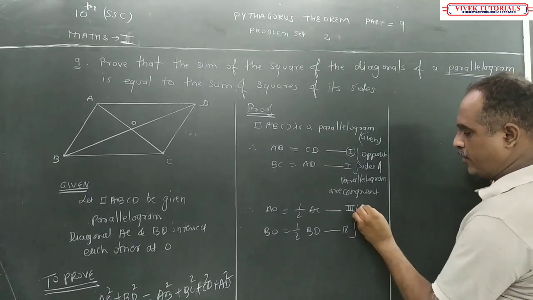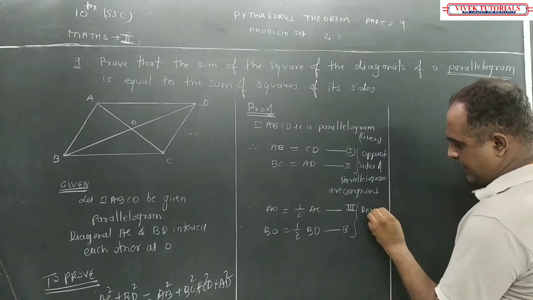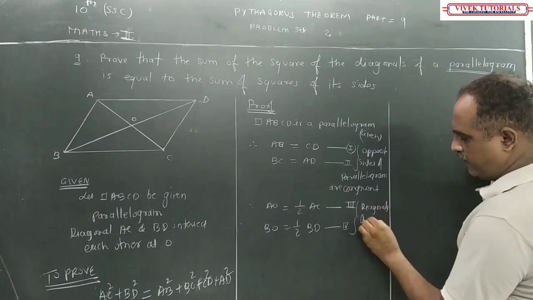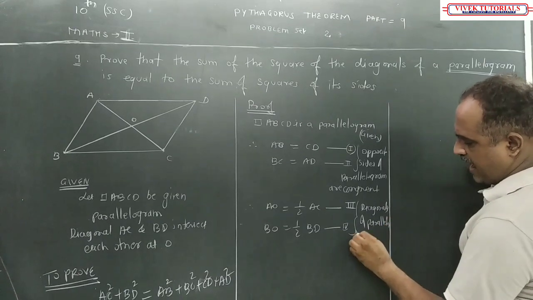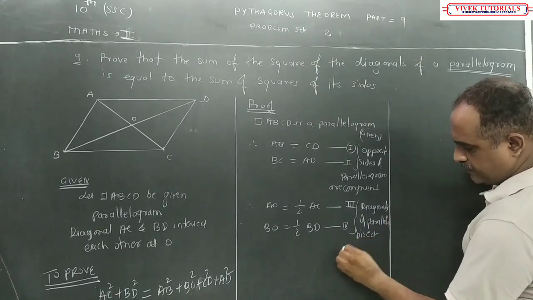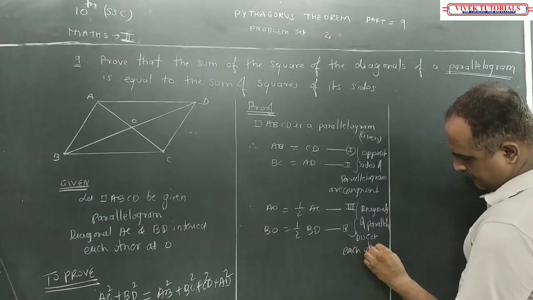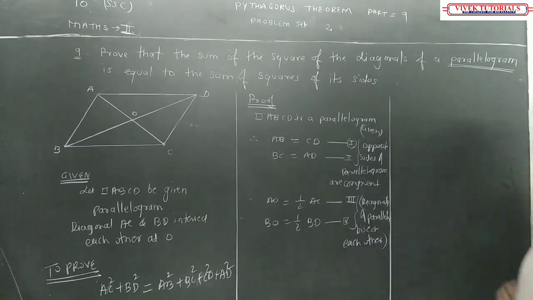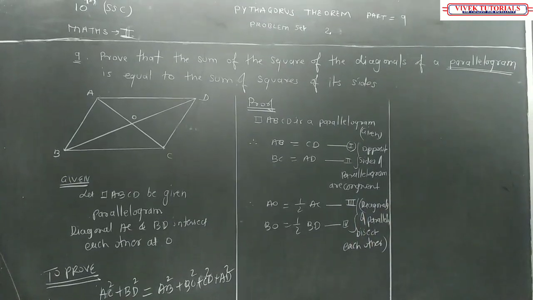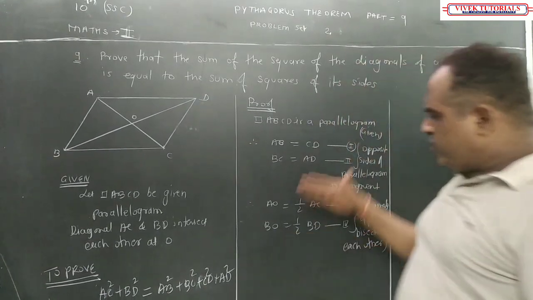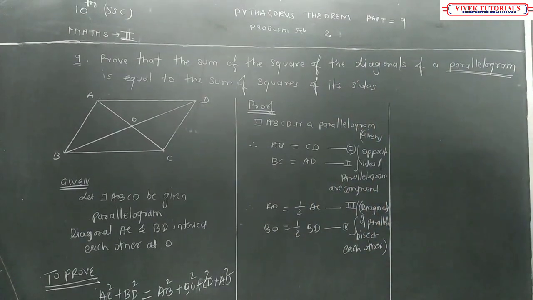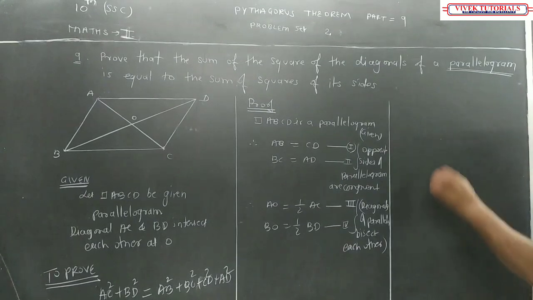The reason we are going to write is diagonals of parallelogram bisect each other. Diagonals of parallelogram bisect each other. Got it now? Once you got that, then we can write in triangle ABC.